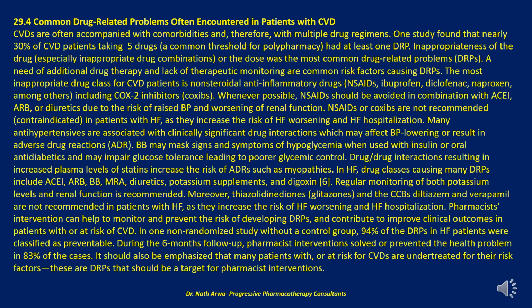Inappropriateness of the drug, especially inappropriate drug combinations, or the dose was the most common drug-related problems, abbreviated as DRPs. A need of additional drug therapy and lack of therapeutic monitoring are common risk factors causing drug-related problems.